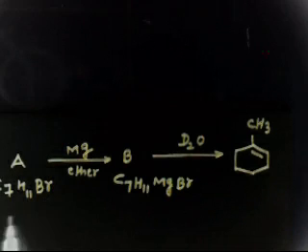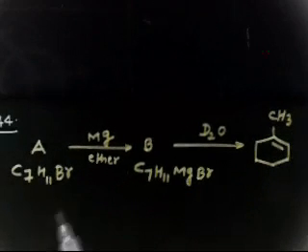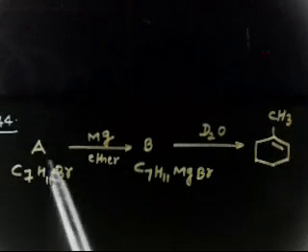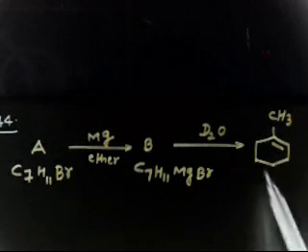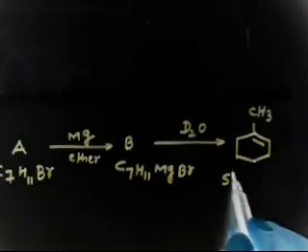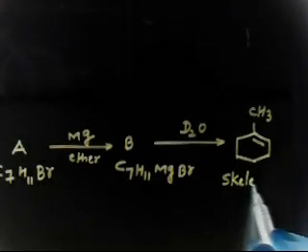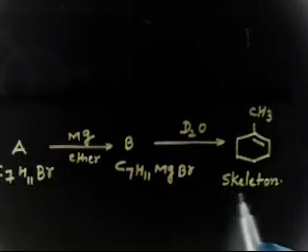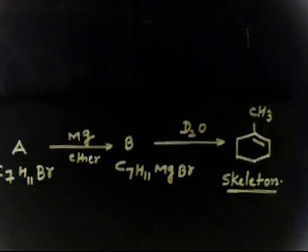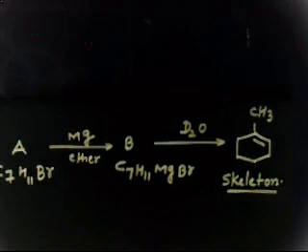So this compound C7H11Br, what is the skeleton of this compound? It will be something like this. This gives me the idea of the skeleton. Are you getting? Next it says one with a deuterium atom on the methyl group.